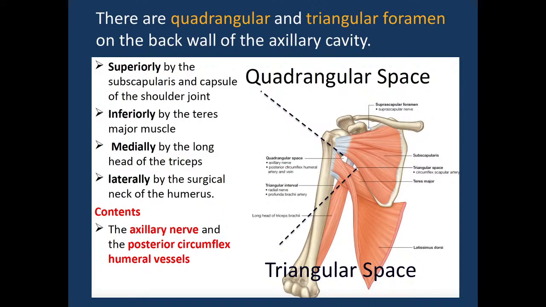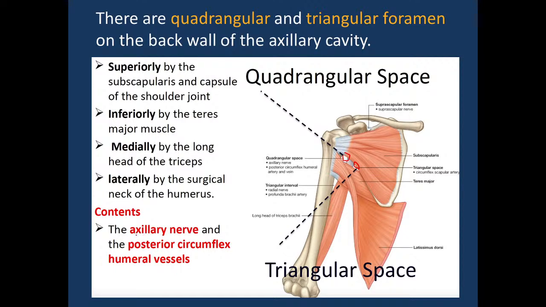Here you see the two topographical formations on the posterior wall, on the back wall of the axillary cavity, and that is a quadrangular space and a triangular space, which also contain nerves and vessels.